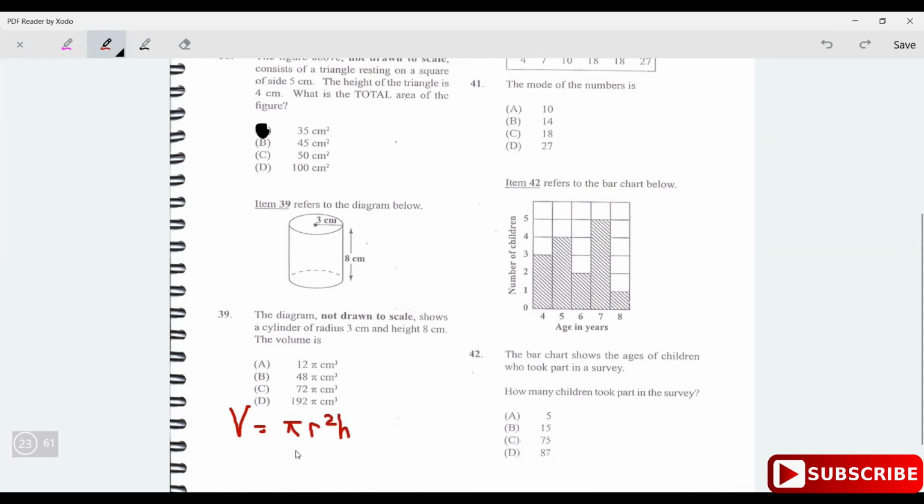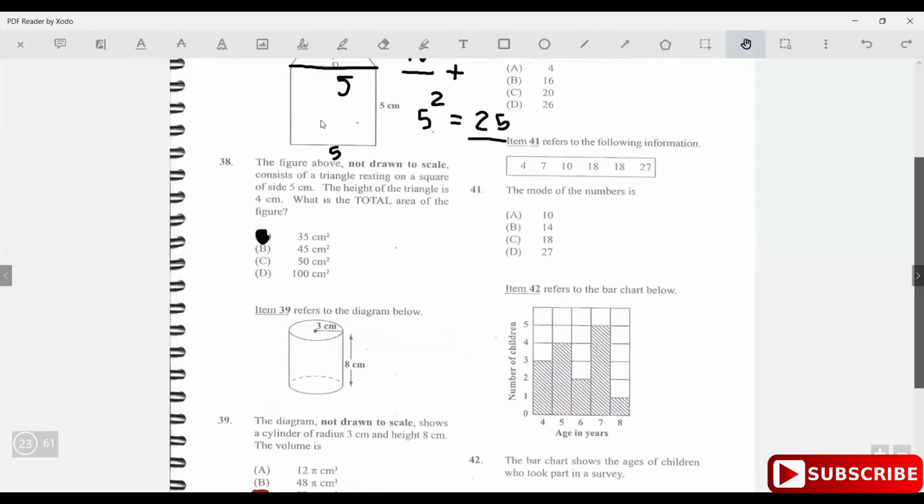So the volume is going to be pi times the radius of 3 squared multiplied by the height of 8. 3 squared is 9. 9 times 8 is 72. So the volume is 72 pi. That's how we get the volume. Nice and easy. So, question 39, C.